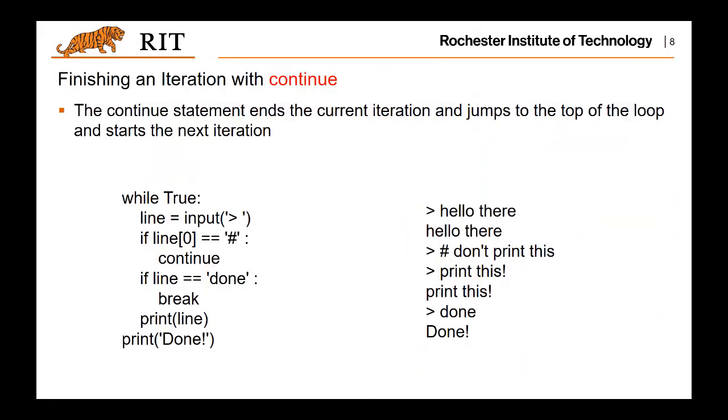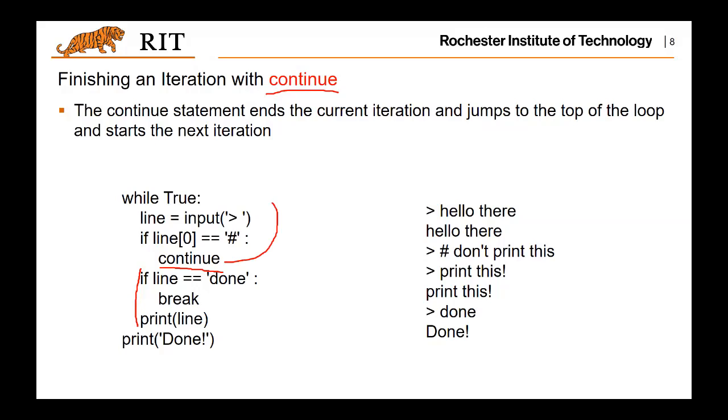Another keyword, reserved word, is continue. The continue is a little similar to break, but the difference is when continue appears, the code after the continue, but inside the loop, will not be executed.